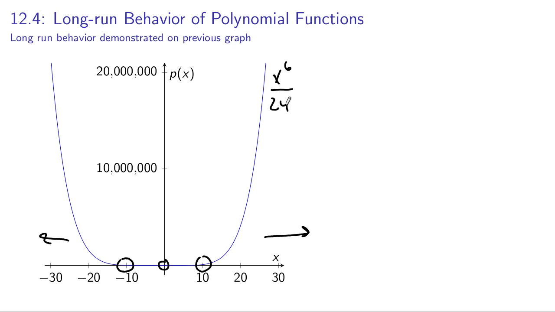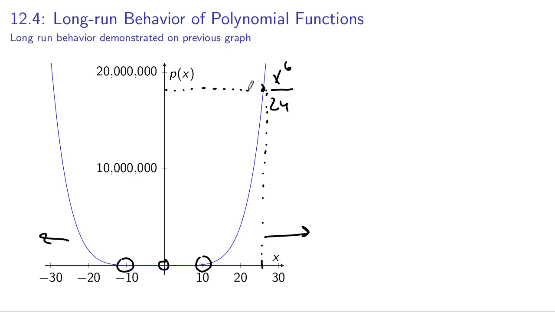So we could even try this. We could find a point that's really close in the graph. Let's try 25 right here. Let's see how close we get just by eyeballing it. Somewhere around here.